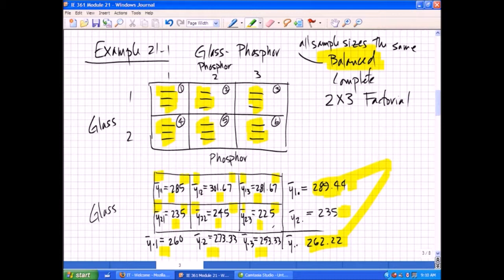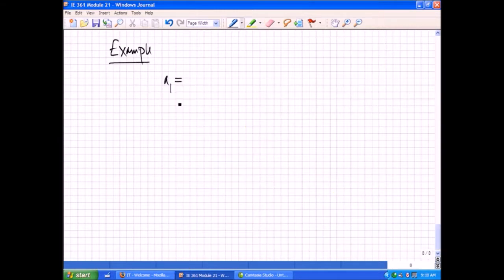If I make a comparison between this number and that number, I'll get a so-called fitted main effect for glass number 2. So the main effect of glass number 1 is 289.44 minus 262.22, and that's 27.22, and the units here are microamps.